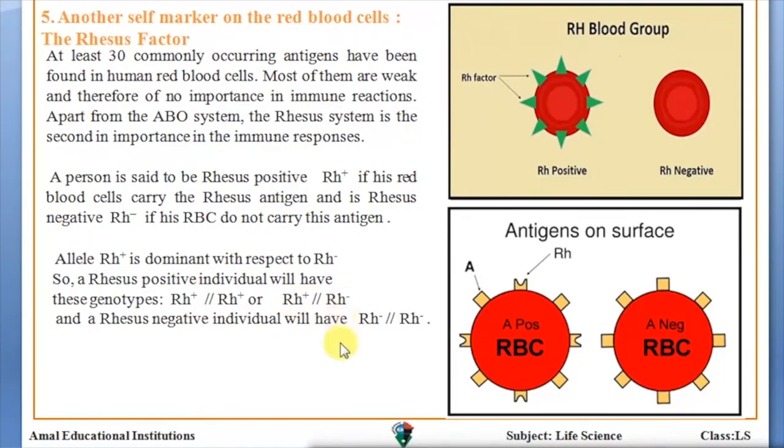And for a person to be rhesus negative, he's going to have this genotype, that is, in a homozygous form, Rh negative, because, as you know, a recessive trait will only appear in homozygous form.